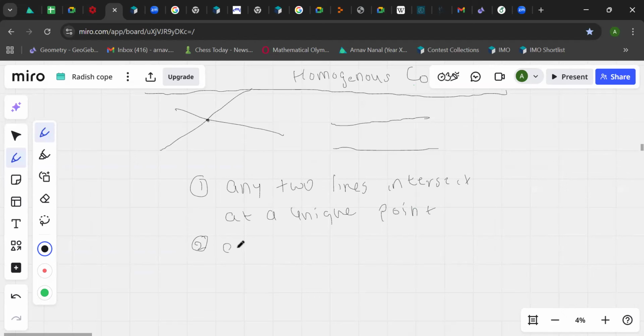When I say lines here, I also include the line at infinity. And when I say any two points here, I also include the points at infinity. So any two points determine a unique line.